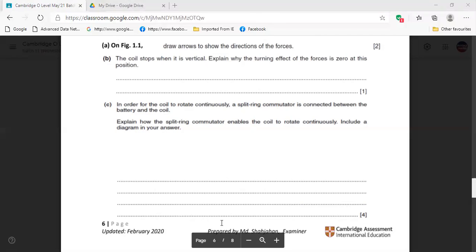So every half turn it changes the direction, reversing the sides, to get the rotation continuous in the same direction. So you write this. Write and draw both. You are having 4 marks.